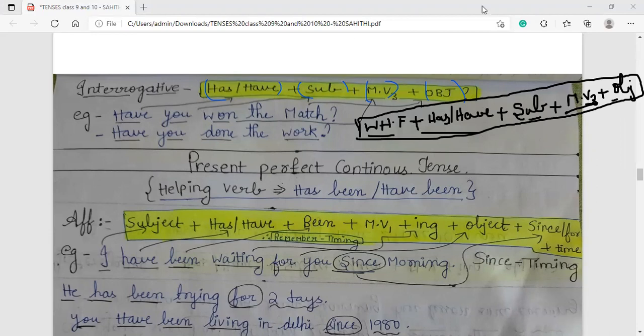Now talking about the present perfect continuous.